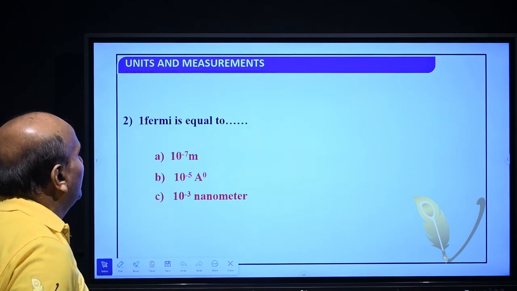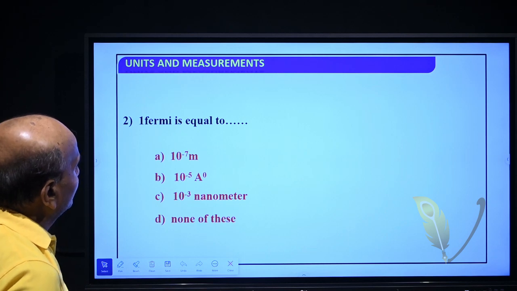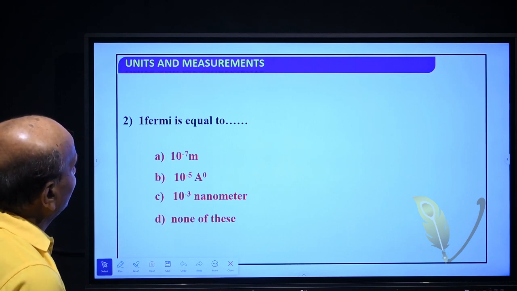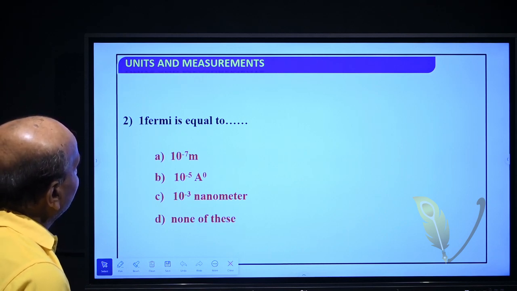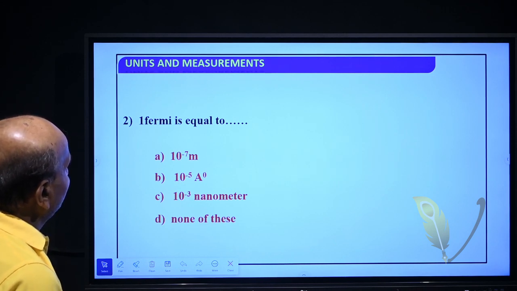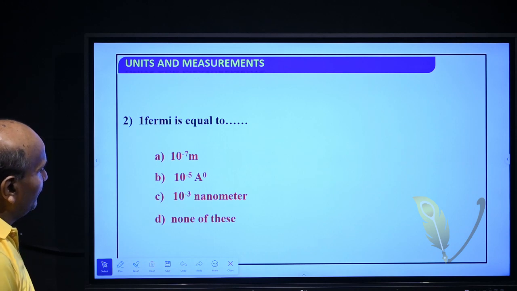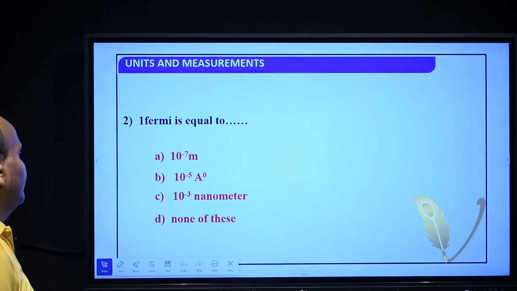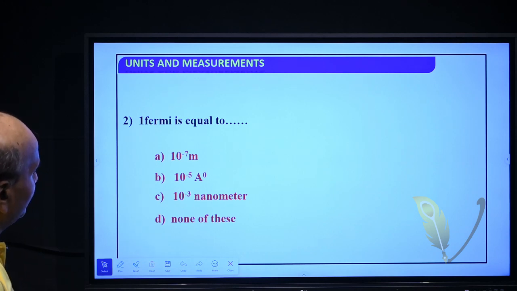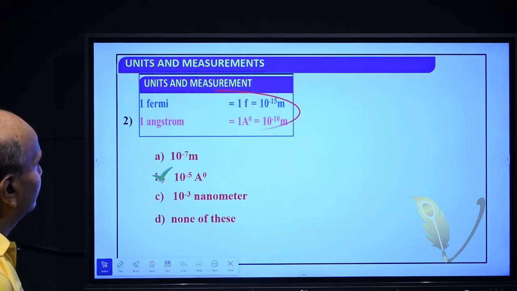1 Fermi is equal to dash. Options: 10 to the power minus 7 meter, 10 to the power minus 5 angstrom, 10 to the power minus 3 nanometer, none of these. That means option B, 10 to the power minus 5 angstrom.